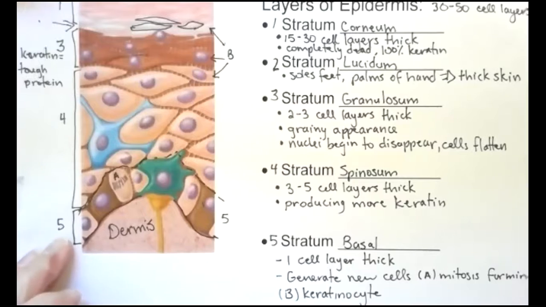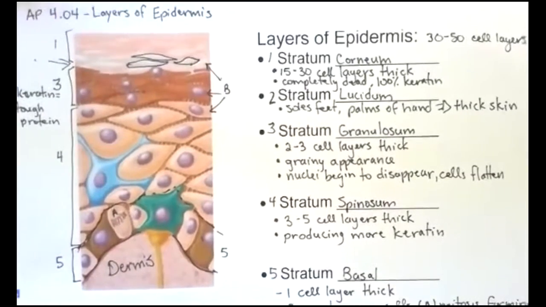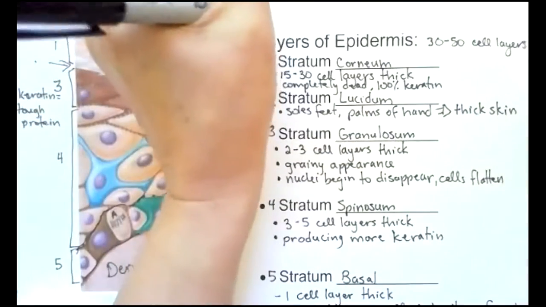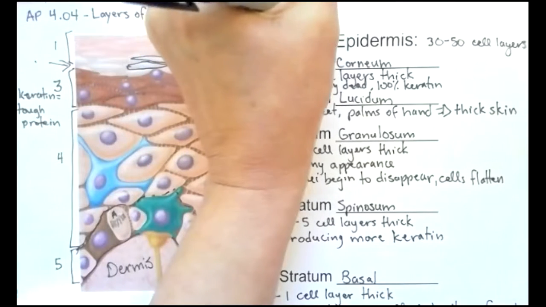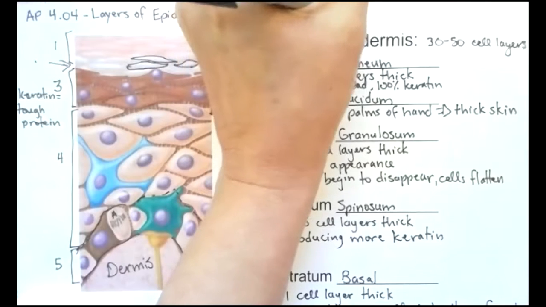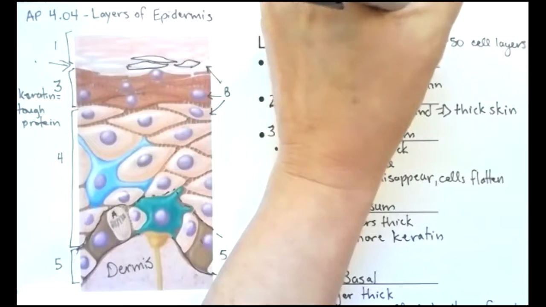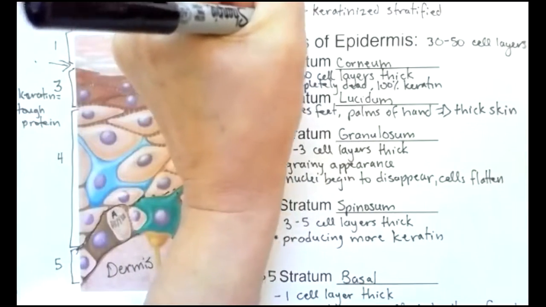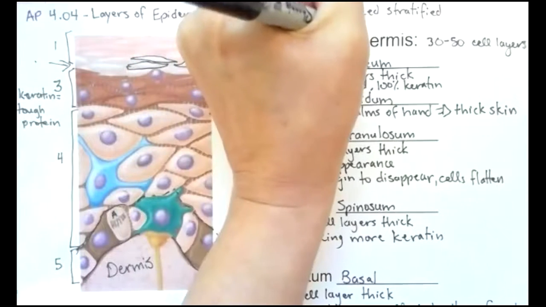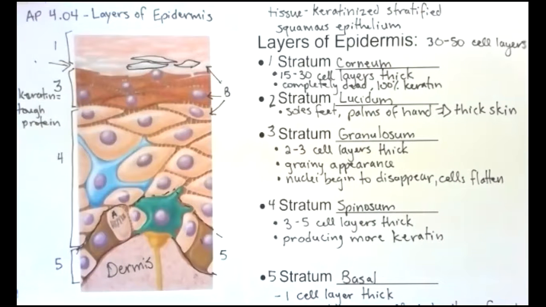Let me slide my paper once more, and we'll write the name of this tissue. So this tissue, we call the tissue that makes up the epidermis keratinized, stratified, squamous epithelium, or epithelial tissue.